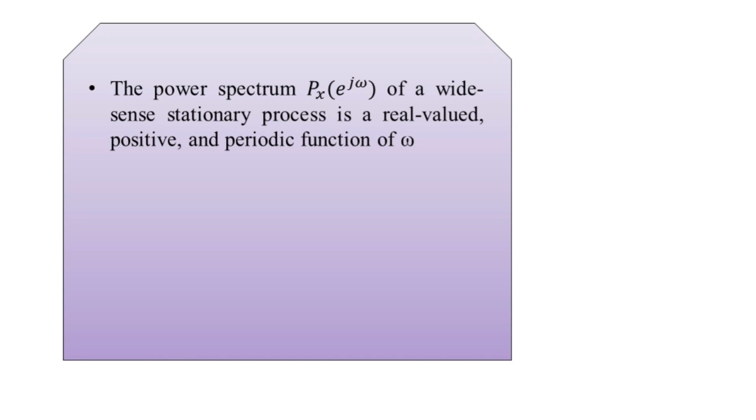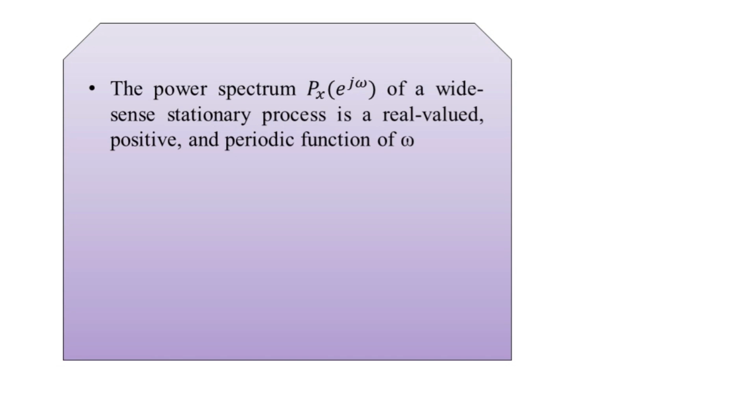So first of all, we shall begin with how exactly we denote the power spectrum of a random process. Especially here we take the case of a wide sense stationary process. So here we consider the representation of a wide sense stationary process to be a random process x of n, and the power spectrum, as in the previous case, we have denoted P suffix x as a function of e to the power j omega.